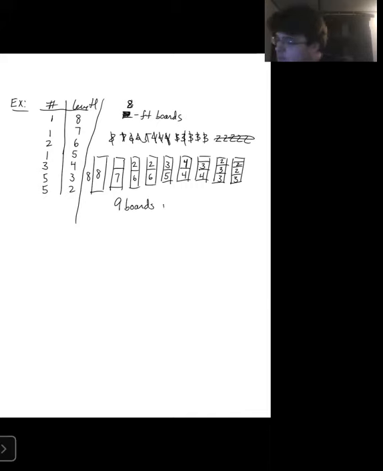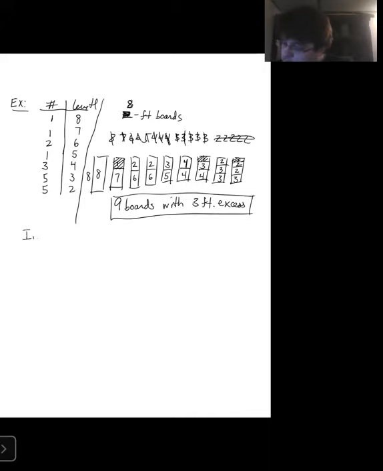And how much excess wood? And again, we're using the first fit algorithm here. With how much excess wood? Well, we have this 1 foot piece, we have this 1 foot piece, and we have this 1 foot piece. So with 3 feet of excess. And because these are 8-foot boards and we have 3 feet of excess, that does tell us that the first fit algorithm does give a minimum number.